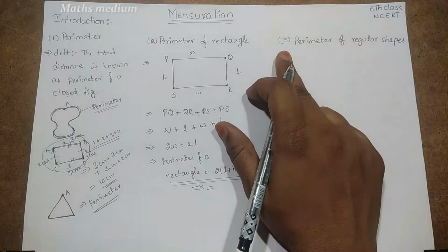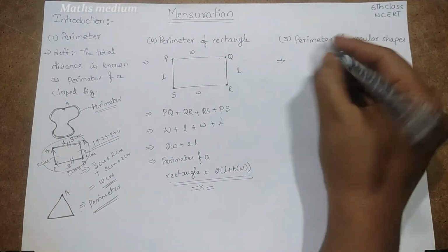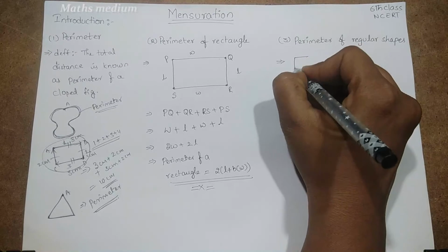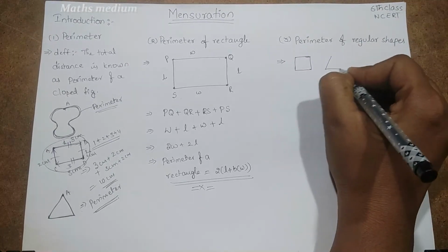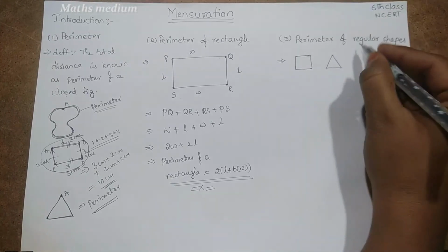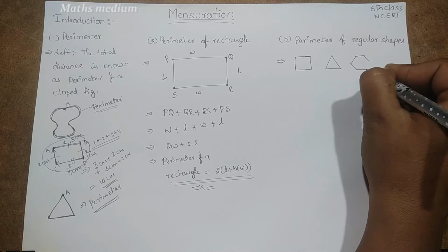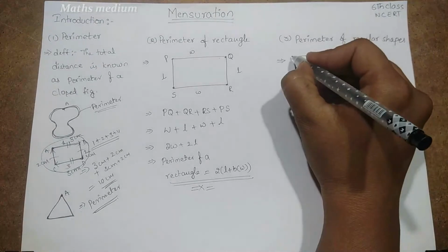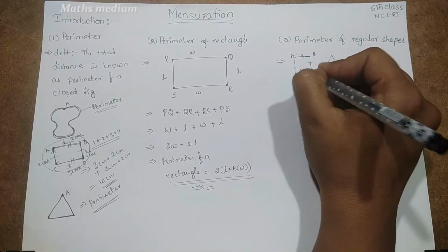Next, the third one is perimeter of regular shapes. We know that regular shapes means square, triangle and regular hexagon. It means A, B, C, D, all sides equal in length.